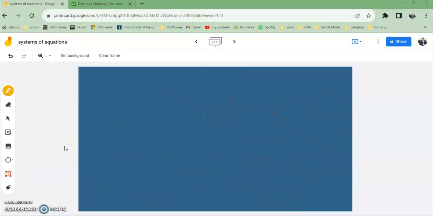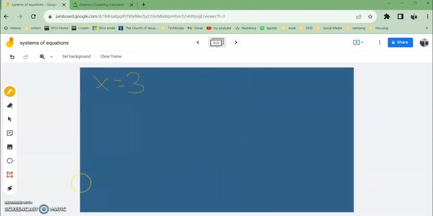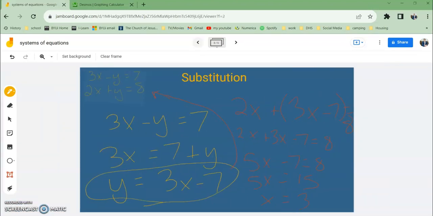Now that we have x equals 3, we can use any of the two equations that we were given to solve for y, because if we put an x value in, we should get a y value. Let's use this one, because we already solved for it.